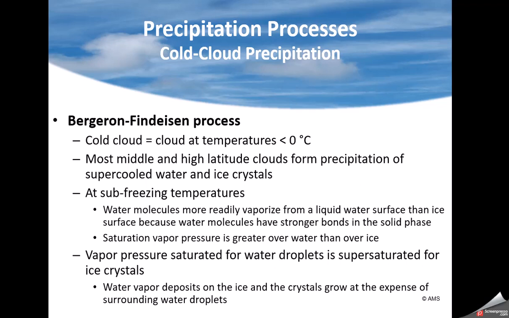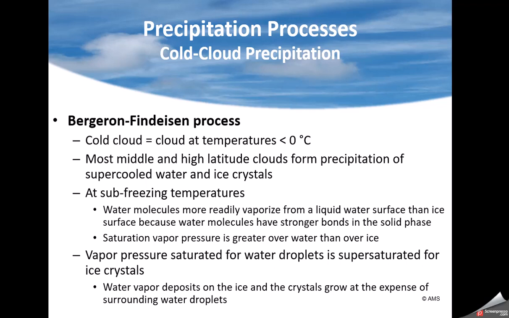So at some point, ice nuclei are going to hit and begin to freeze those little tiny water droplets that are out there. When that happens, we talked about it earlier, the kinetic energy is just a little bit greater in the water compared to the solid ice. What that means is water vapor pressure is a little more to saturate it over the water droplets than over the ice crystals.